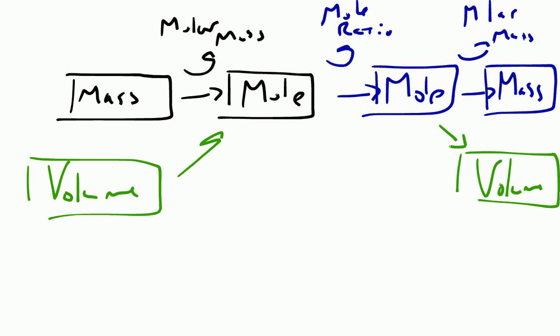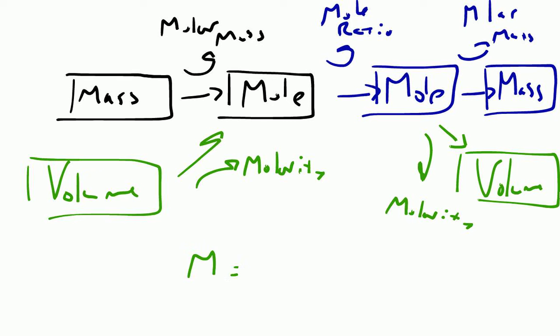Scroll up here. The conversion factor you use to convert from volume to moles is that new conversion factor, molarity, that we learned about last week. Remember, molarity is equal to moles over liters, and anything that has two units in it, like moles and liters, just like molar mass has grams over mole, has two units.